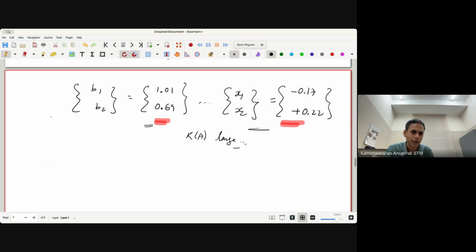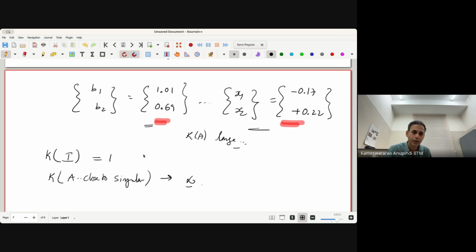The condition number of the identity matrix will be equal to 1, and the condition number of a matrix A that is close to singular is going to be infinity. That means if you have a singular matrix, the condition number will come out to be infinity. But the condition number of an identity matrix will come out to be 1. So we want to keep the condition number as small as possible, because then the solution we obtain will be correct. Otherwise the round-off errors dominate and the solution is not going to be correct.